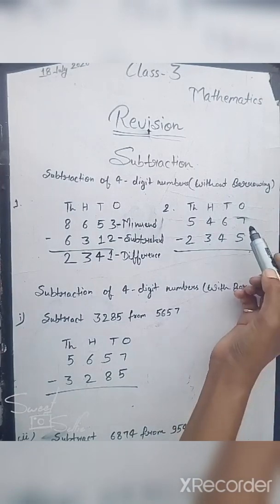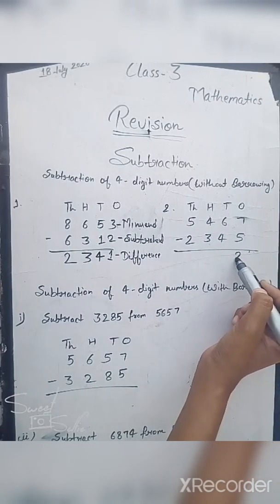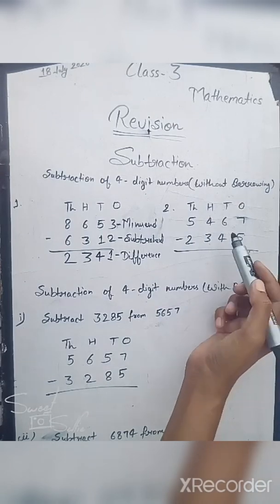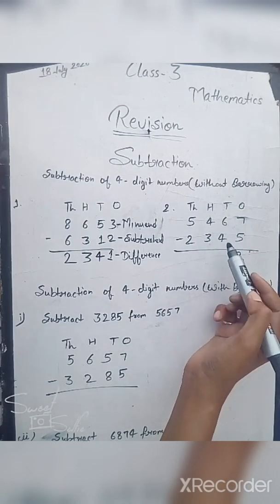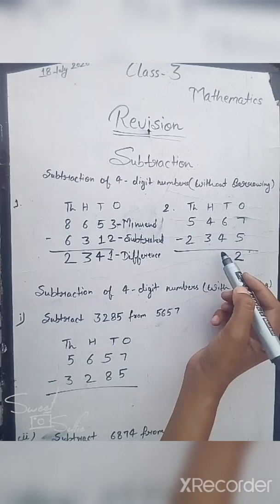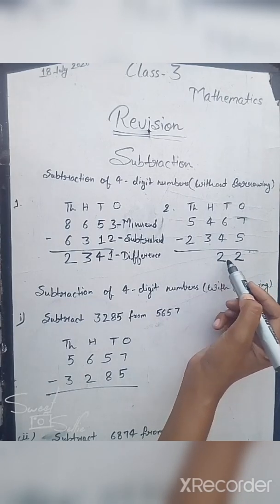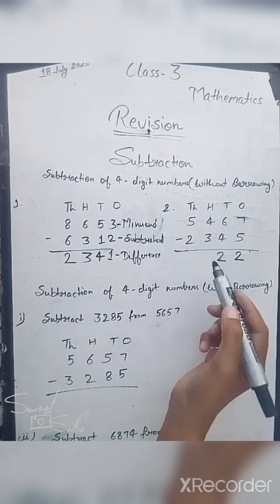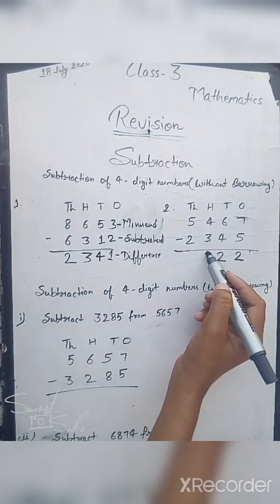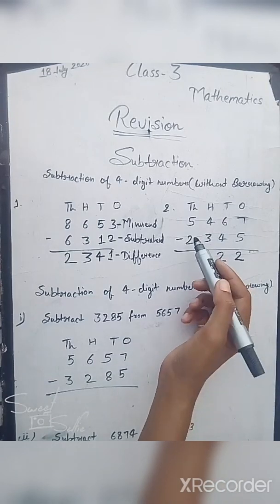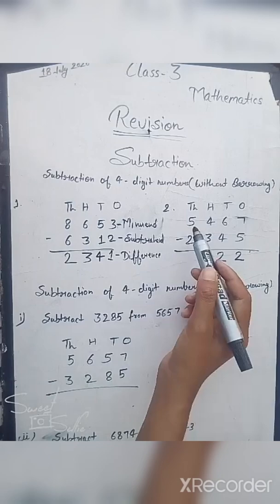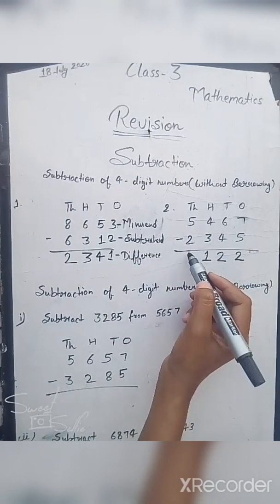So 7 minus 5 is equal to 2. At tens place, 6 minus 4 is equal to 2. And at hundred place, 4 minus 3 is equal to 1. And at thousand place, 5 minus 2 is equal to 3.